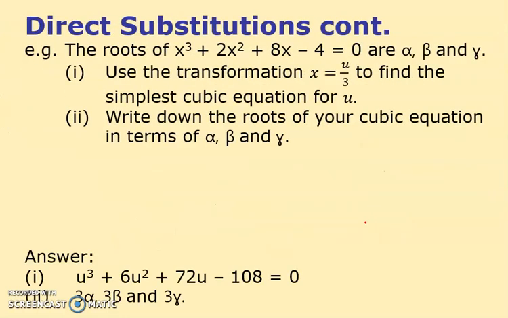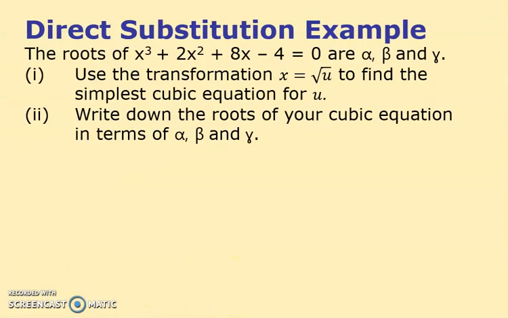And that's right. Now it does actually say write down the roots of your cubic equation in terms of alpha, beta and gamma. You can move that over, and therefore u would equal the 3x. And for that reason, notice I've put at the bottom my roots would become 3 alpha, 3 beta and 3 gamma. It's the other way round to what we've seen before.